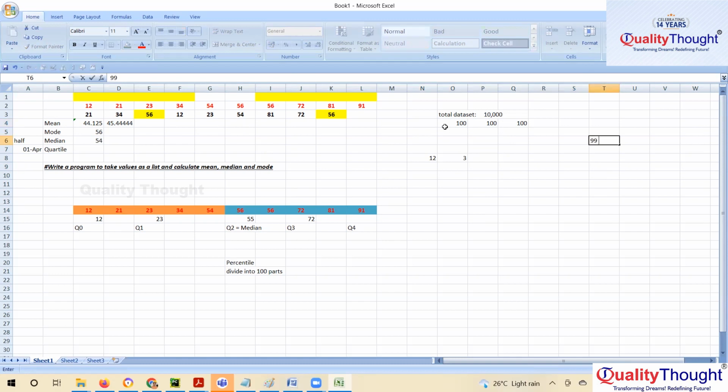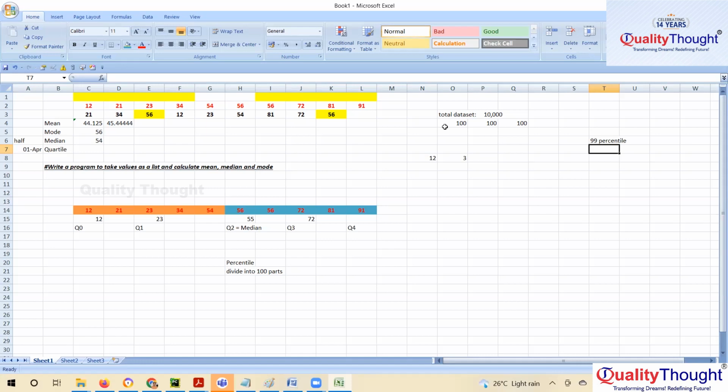When somebody says 99 percentile, it means the rank is in the top 100th. If you have 10,000 candidates, you're in the top 100. If it is 1 lakh candidates, then you are in the top 1,000. If you have 10 lakhs or 1 million candidates, you are in the top 10,000. That's what 1 percentile means.